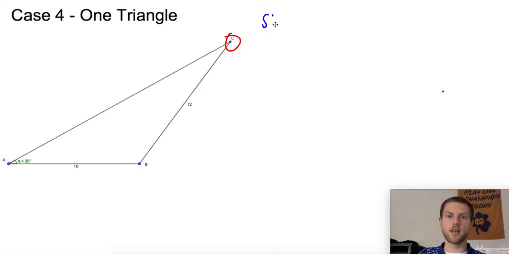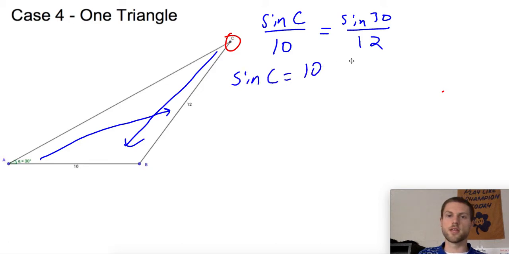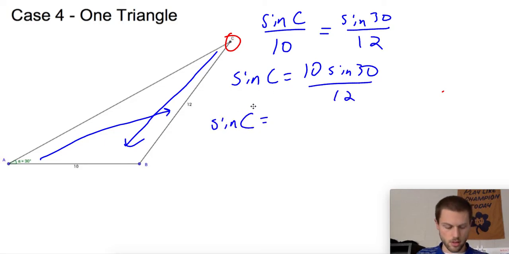If I take the sine of C, divide that by its opposite side, 10, that should equal the sine of 30 over 12. And if I solve for sine of C, I get the sine of C equals 10 sine 30 over 12. And so the sine of C should equal 5/12.